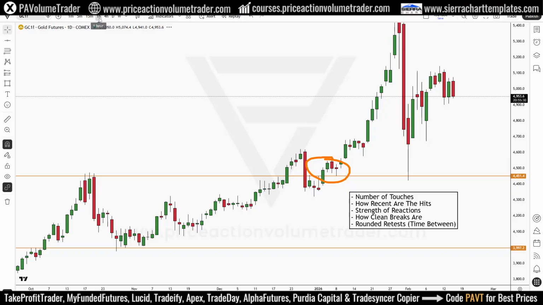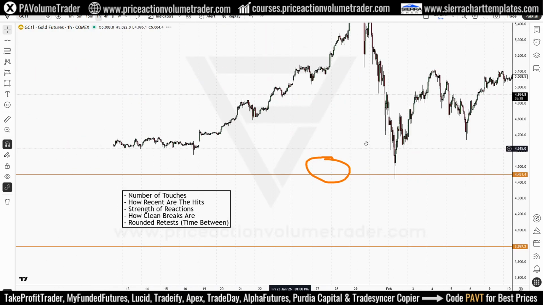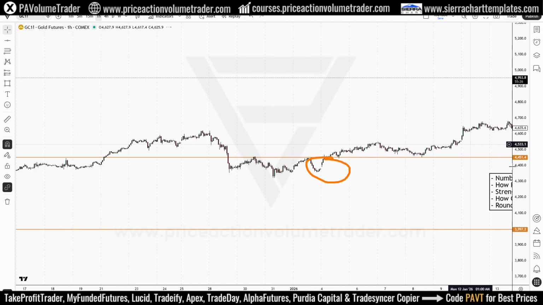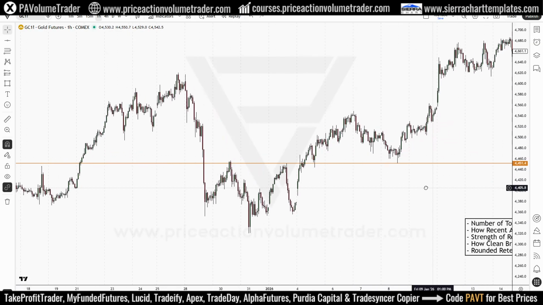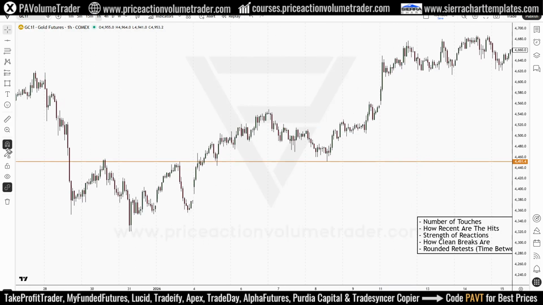If we go on an hourly chart, you can see this level. So we did actually get a little back test here, but we had a very nice rounded retest back to this level, and then the reaction from there.